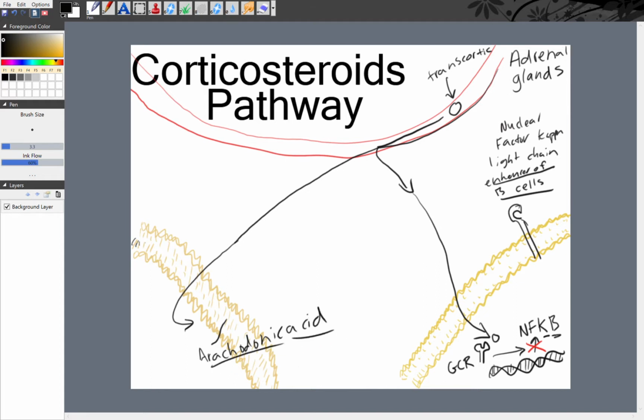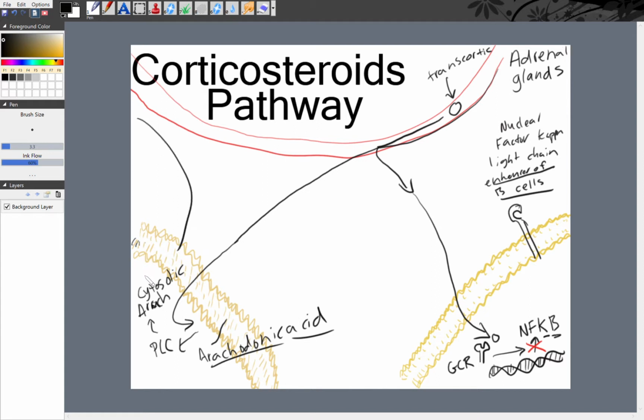Ordinarily, during an inflammatory response, arachidonic acid would be cleaved by phospholipase C, resulting in free cytosolic arachidonic acid. Let's pretend this is part of the cell.